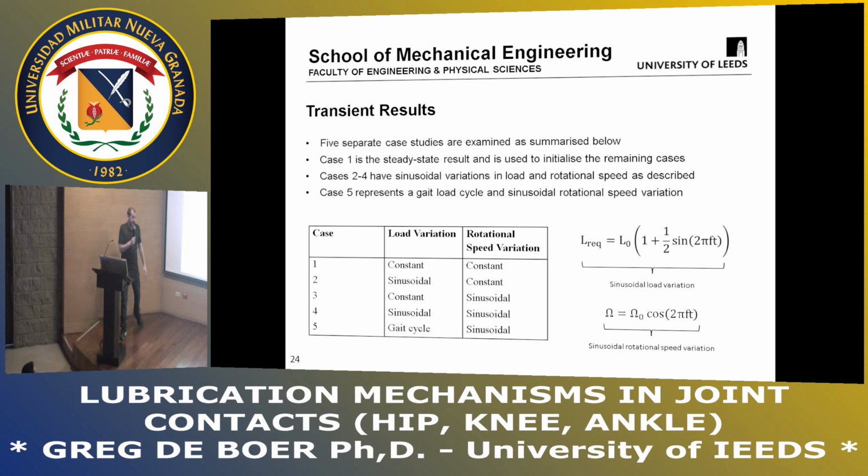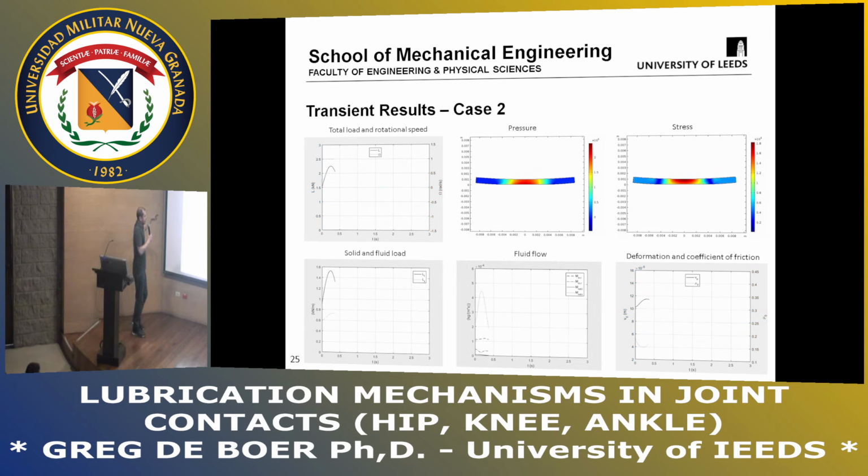And then in this last case, case 5, we've tried to simulate what a gait cycle might look like, where you have a certain shape to the load profile that links back to biomechanics, and where your speed is also varying in a nice way. But the important thing to say is that these are just inputs. You could have a numerical description of load and speed varying over time. It wouldn't matter. You'd be able to map that behavior onto this problem.